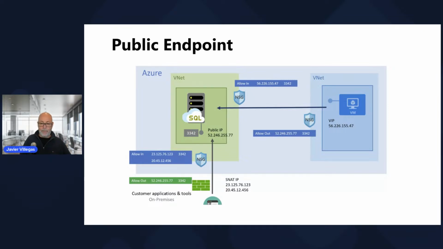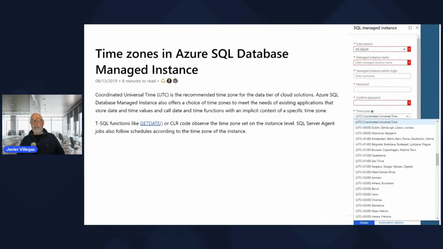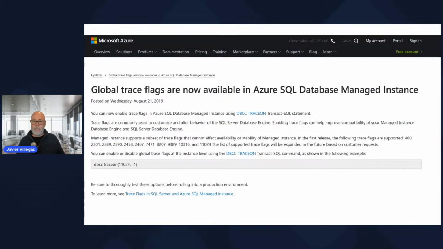So we avoid all the complexity of the networking, and we just push it through the internet and connect from outside. At the beginning, it was also not possible to change the time zones. Now, when we do the deployment of the managed instance, time zone is available as well.